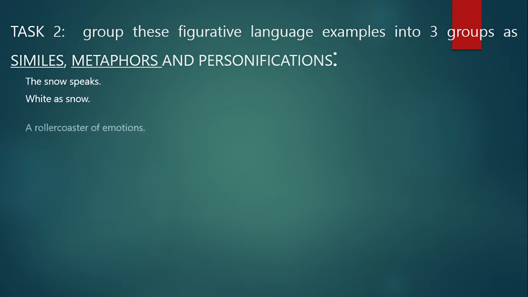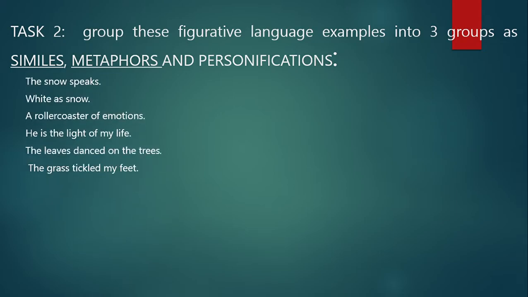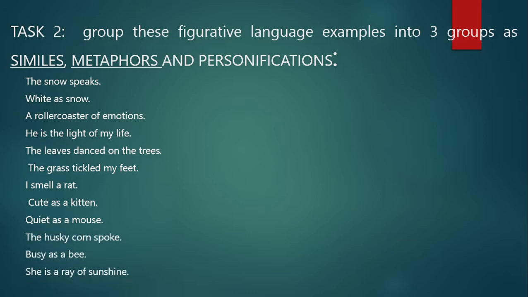In task number 2, you have a lot of examples of similes, metaphors, and personification. Now you are going to make 3 groups and group them under similes, metaphors, and personification. Don't hurry, take your time.